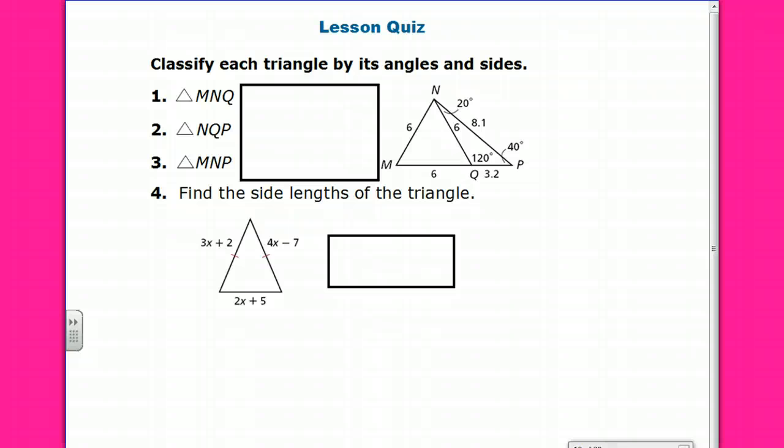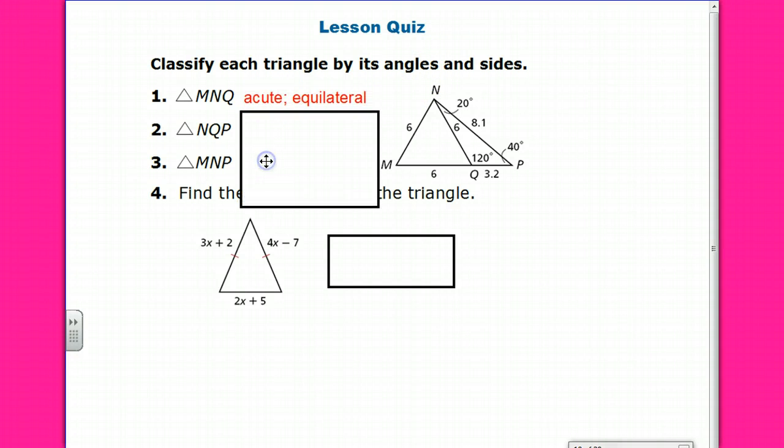Classify by both angles and sides. MNQ is, if we classify, let's do the angles first, equiangular and equilateral. And it's also acute, right? Angles and sides. Okay, they're being more general when they say acute. It is not given that it's equiangular, but when you have an equilateral triangle, you have an equiangular triangle as well.